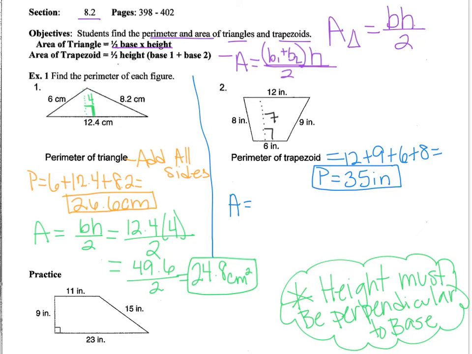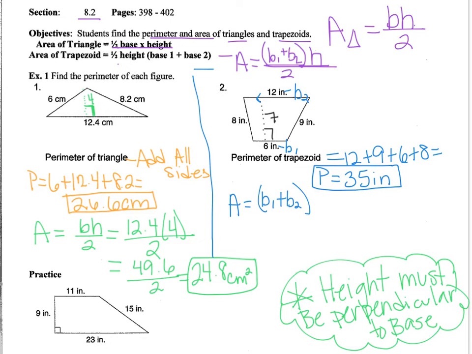Okay, now for the area formula. I kind of scribbled it up there at the top, and there's the other way to write it as well if you want the half in the front. So base 1 plus base 2. Base 1 typically is our smaller base, but it doesn't have to be because we're just going to add them together anyway, and then base 2 is up there.